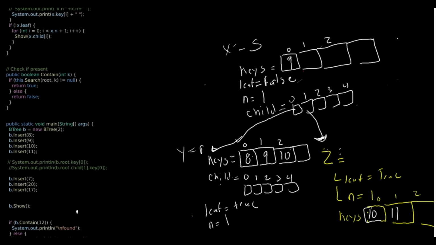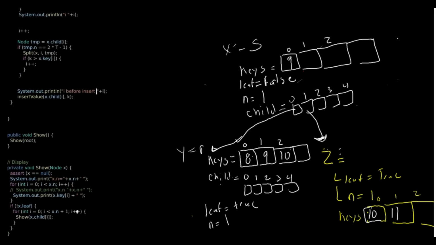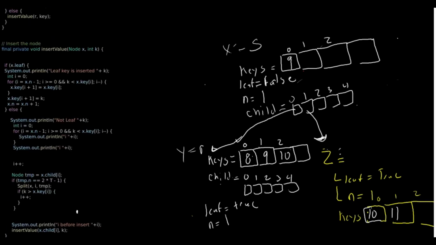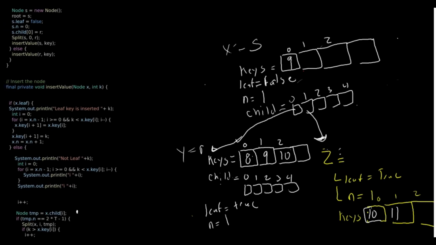And then right over here, after 11, 7 and 20. So when we're inserting 7, this is what's going to happen.